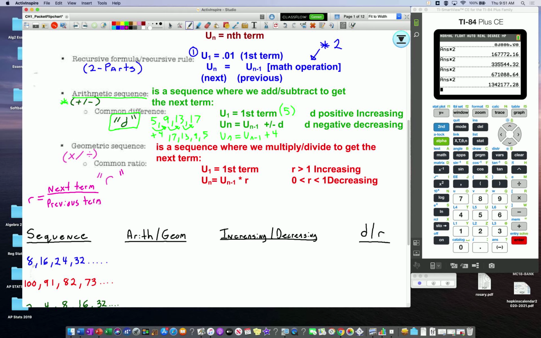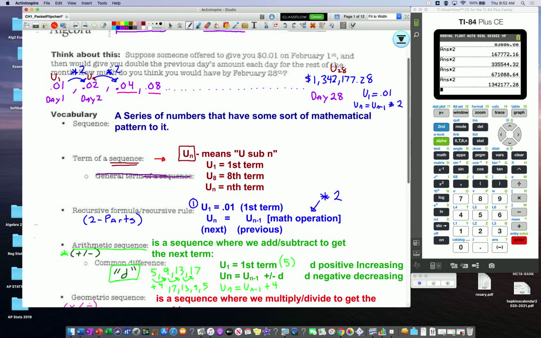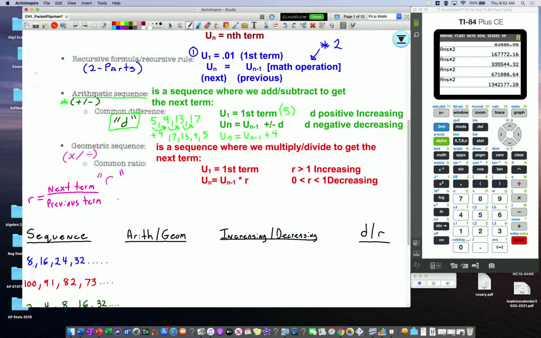So what I mean by that is, if I go back to the penny one, I can go anywhere in the sequence. So if I looked at these two pieces right here, 8 cents versus 4 cents. This is the next term, this was the previous term. So if I take that next term, 8 cents, divided by 4 cents, I get simply 2.